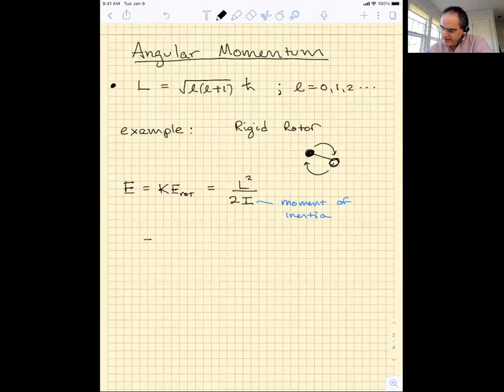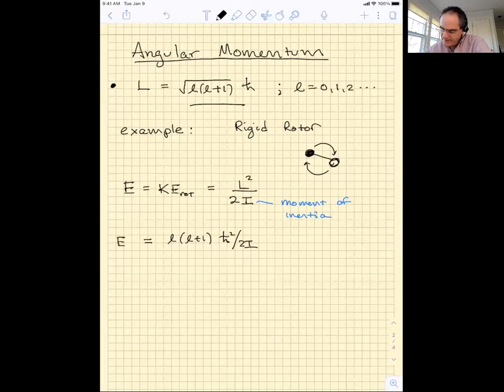But what's interesting is that quantization of angular momentum tells me that the energy has to be quantized too, because L squared is just going to be given by the square of this quantity here. So that's L times L plus 1 times h bar squared over 2I.